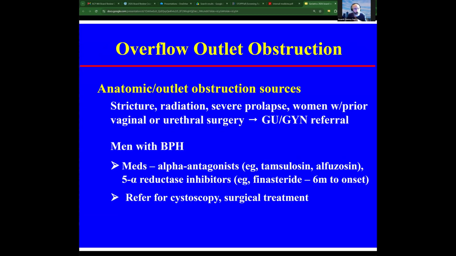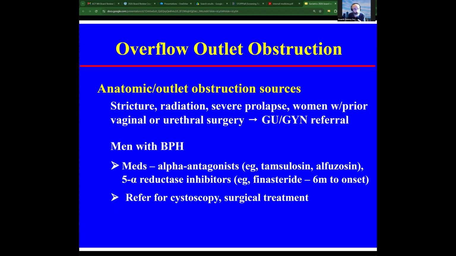Also, we want to think about anatomic or outlet obstructions, so things like long-term complications from prior radiation, really severe bladder prolapse, and women who've had prior history of either vaginal delivery or particularly vaginal surgeries or urethral surgeries. And then, of course, men, as I mentioned before, with BPH, particularly if they then started taking an alpha agent.